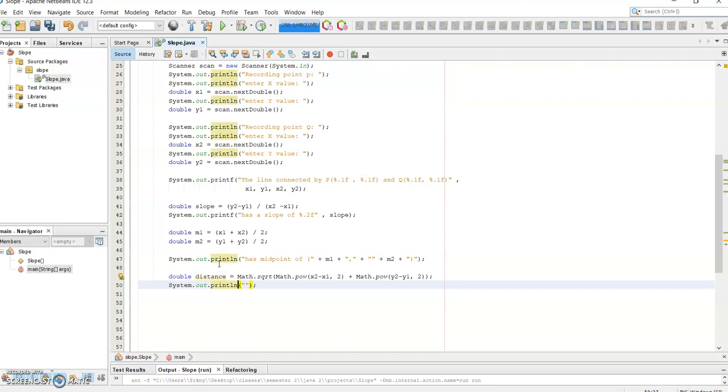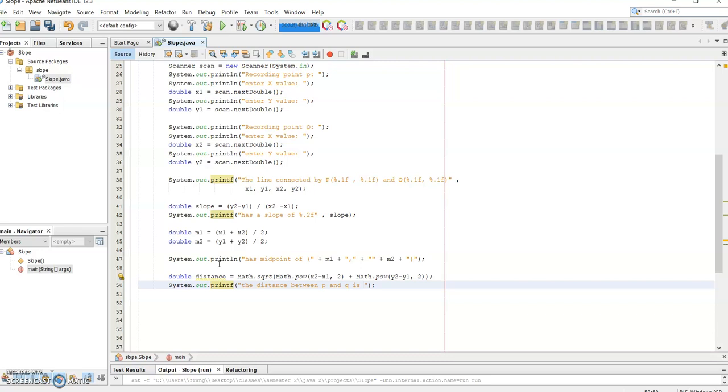Okay, and the last thing, let's display it. Okay, the distance between P and Q is... do you guys want 1 decimal point or 2 decimal points?